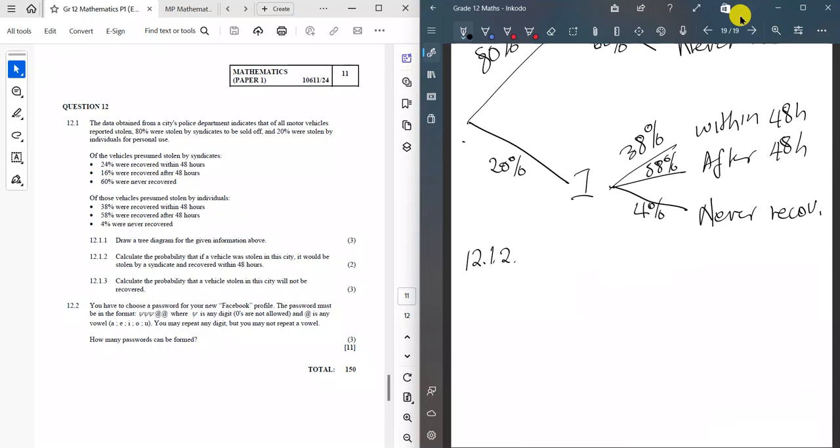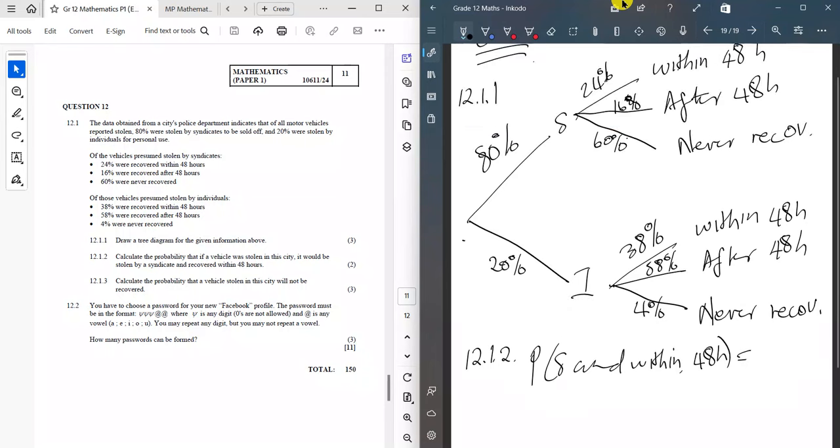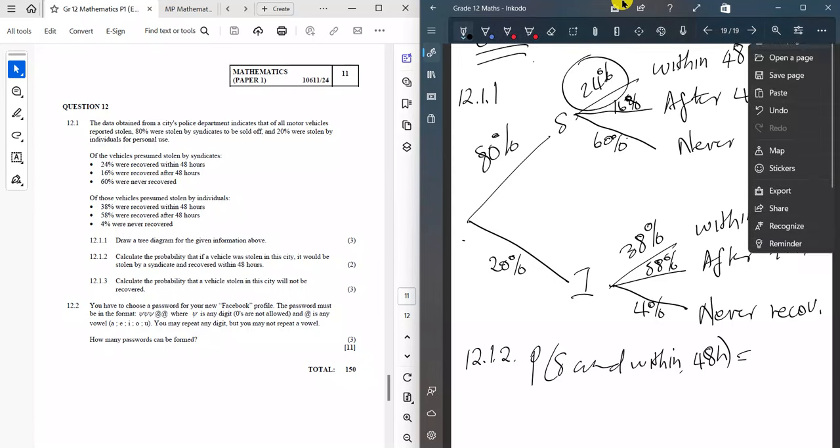12.1.2, calculate the probability that if a vehicle was stolen in this city, it would be stolen by a syndicate and recovered within 48 hours. So we're going to go syndicate, within. This will be this probability times this probability.